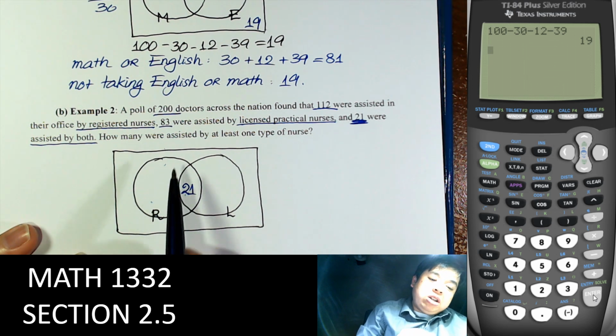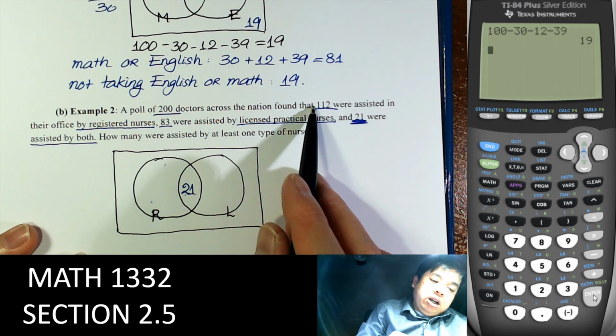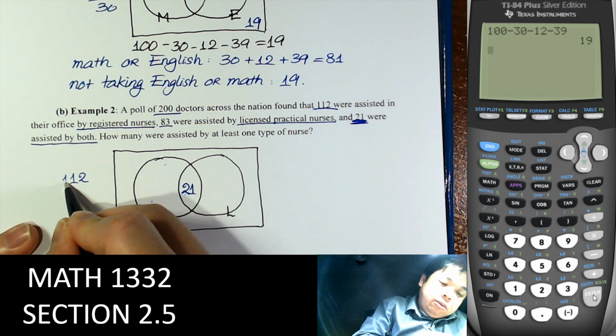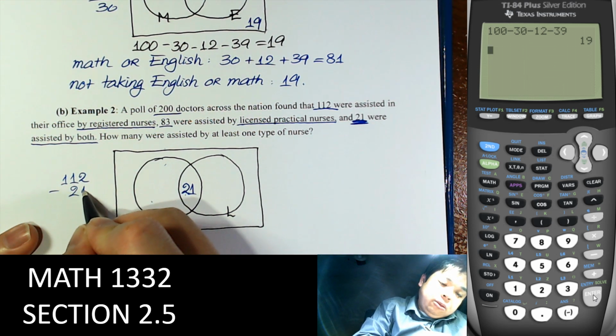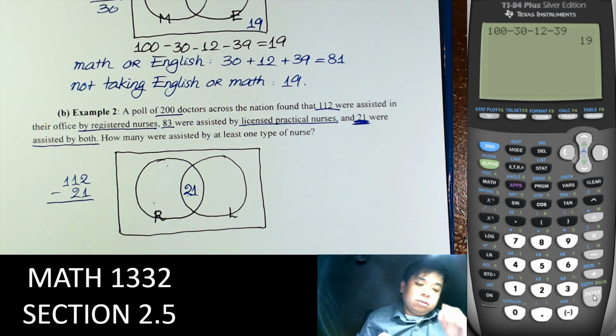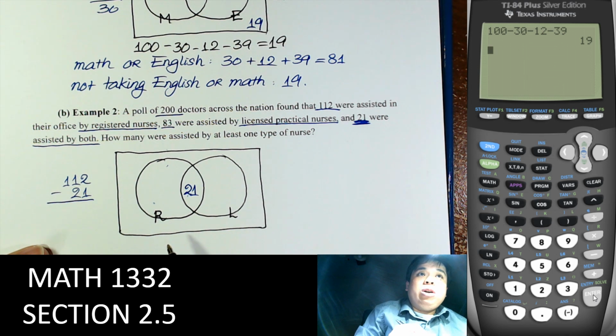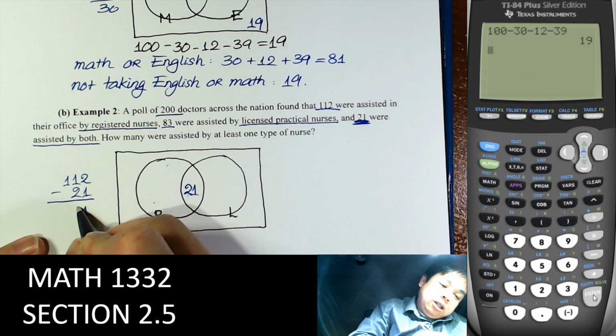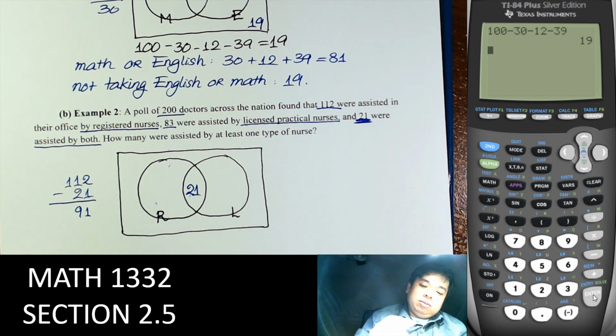And we start with the most common, the overlapping, the intersection, and work our way out. 21 for both, then 112 were assisted by registered nurses, and then we just subtract 21 from it. So that is 91.